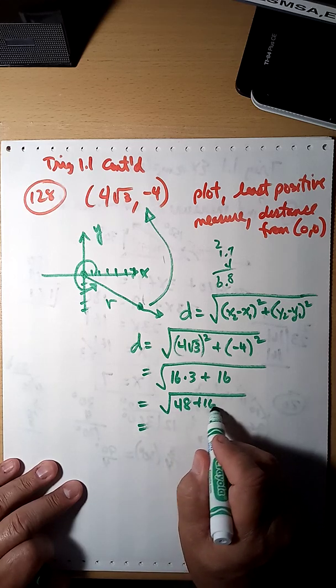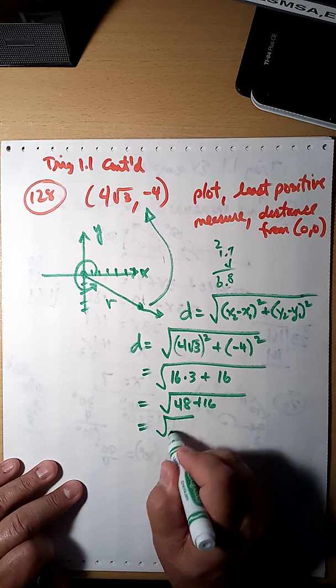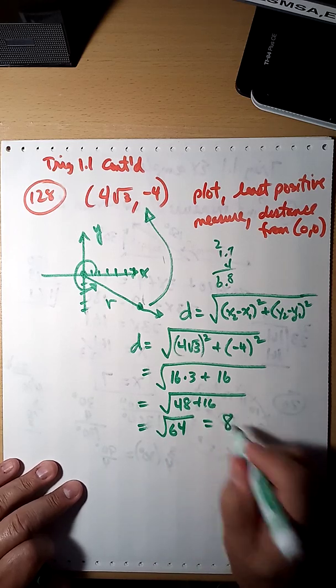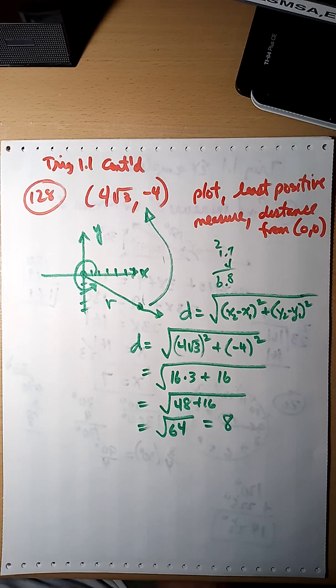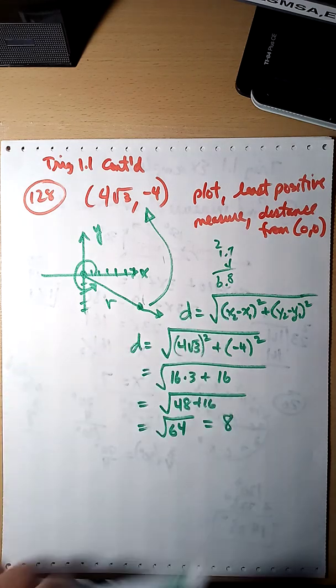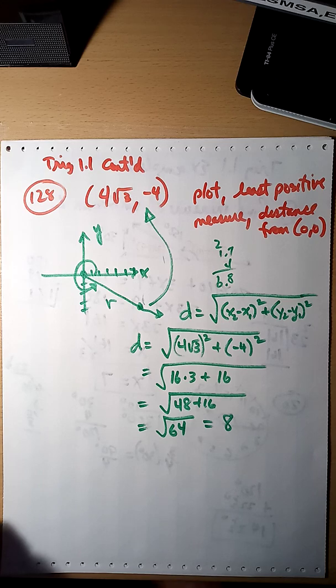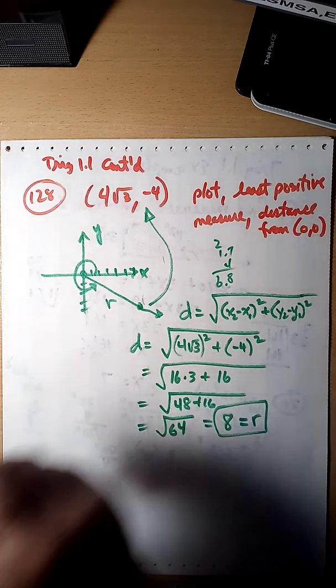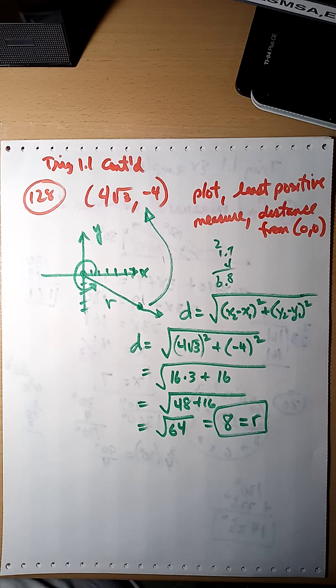This is 64. Square root of 64 is 8. Don't have to worry about positive and negative because the square root was in the problem. You only worry about positive and negative when you introduce it to try to figure things out. So that's what r is. r is 8. So 4 steps at least.